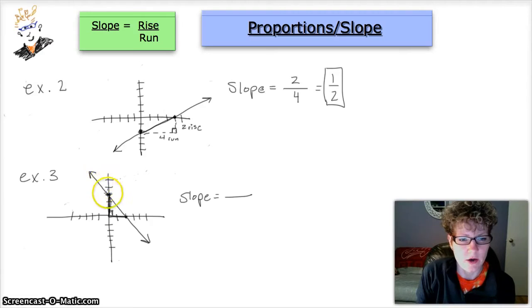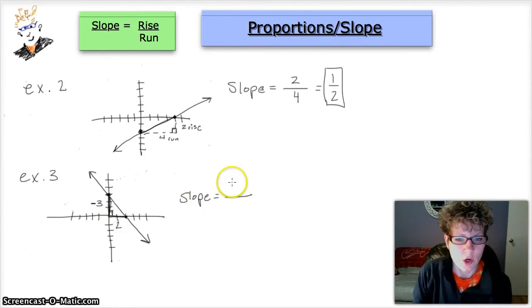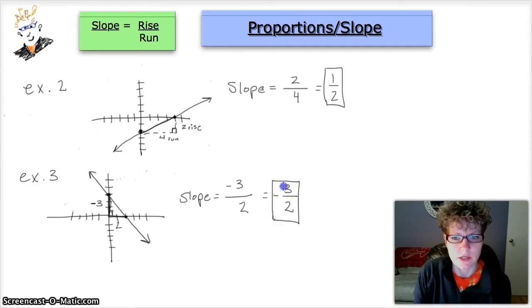Notice this is going downhill from left to right, so it's 1, 2, 3, so it goes down 3, and then it goes over 2. So my slope, rise over run, is -3 over 2. I can just rewrite that as negative in front of the fraction, -3/2, because it is a negative slope. So there's the slope for example number 3.